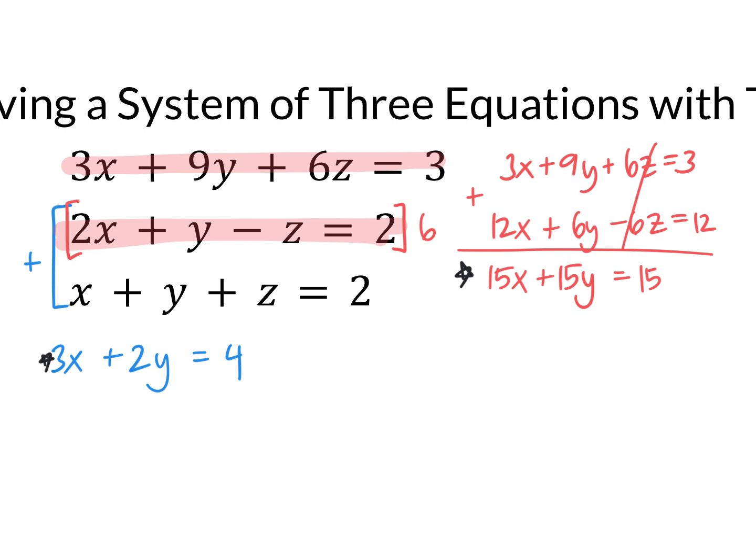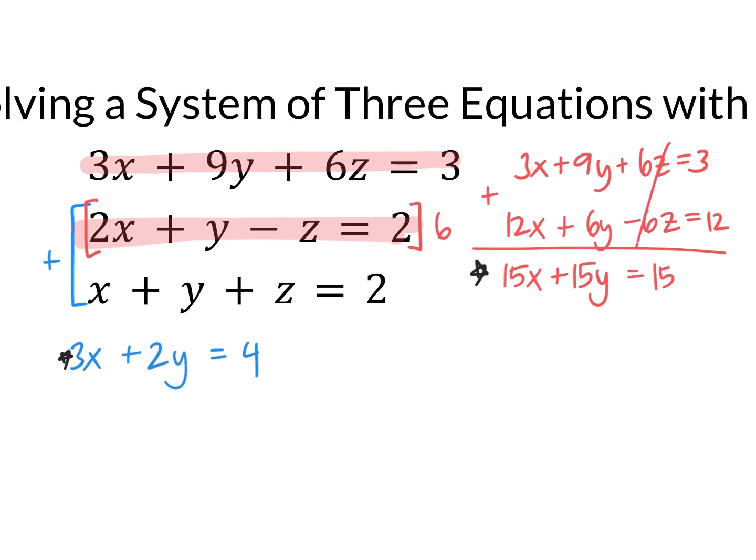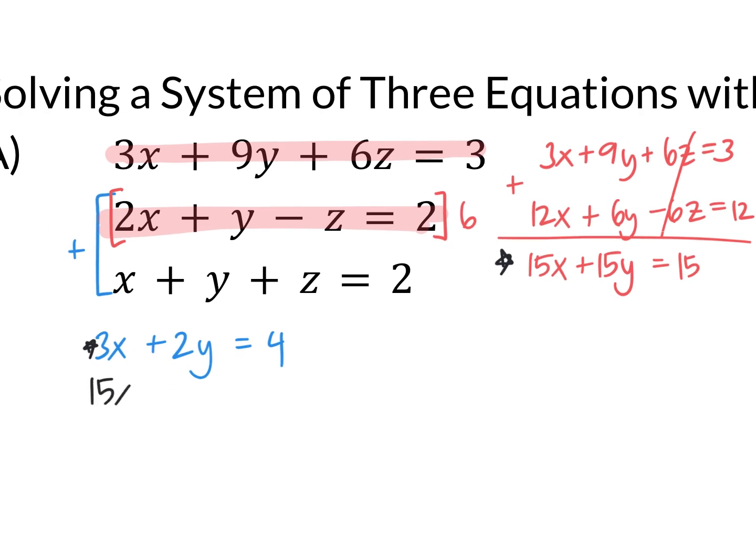So now that I have equations of just x's and y's, I can go ahead and solve this system of equations. Okay, if I'm solving this system of equations, what am I going to multiply that top equation in blue by? Negative 5, to give me negative 15x minus 10y equals negative 20.